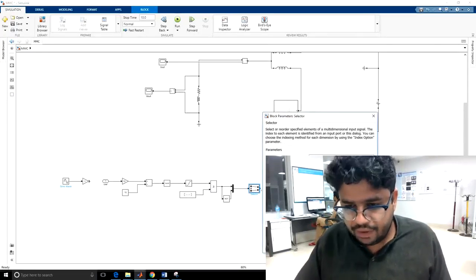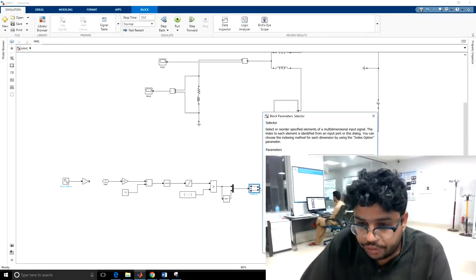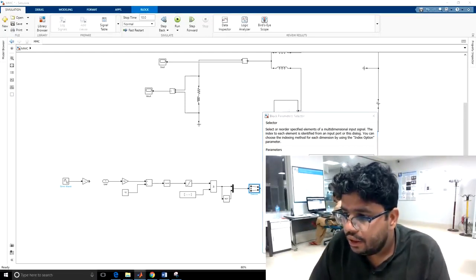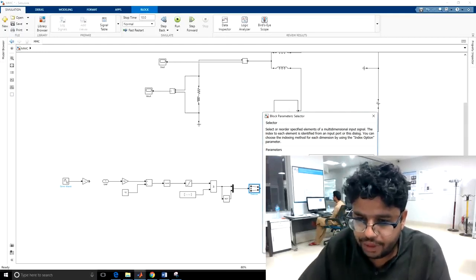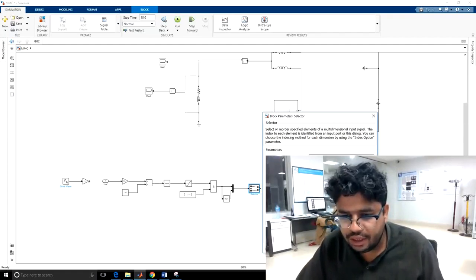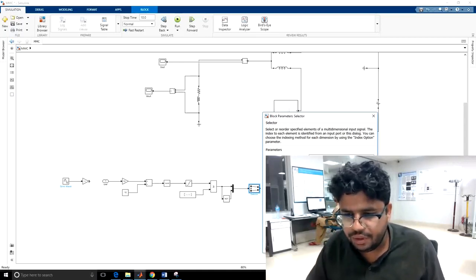So if it is 11 level with 10 submodules, the pattern should be 1 and then 11. The pattern should be like this: 1, 11, 2, 12, 3, 13, 4, 14, 5, 15, 6, 16, 7, 17, 8, 18, 9, 19, 10, 20. This should be the switching pattern.